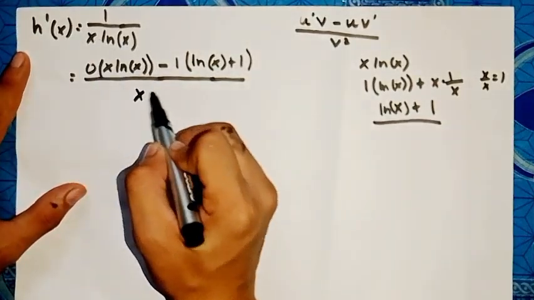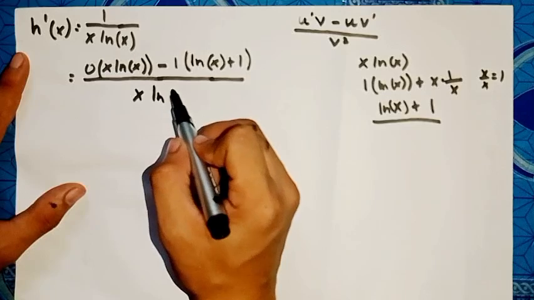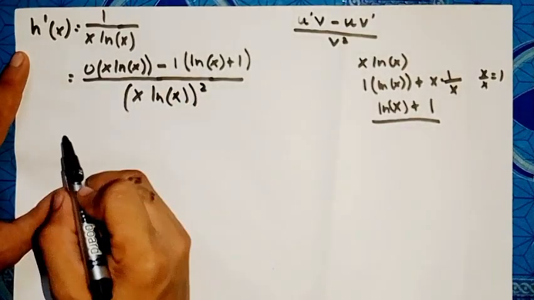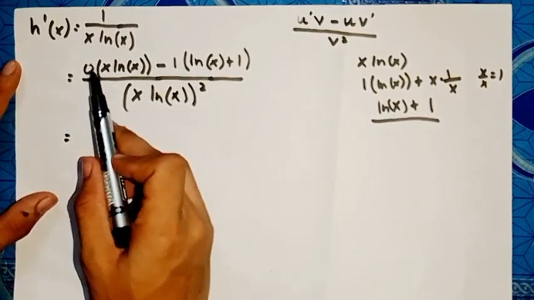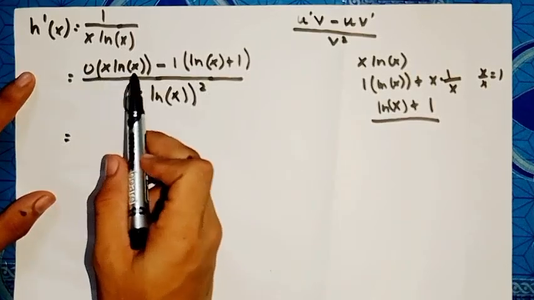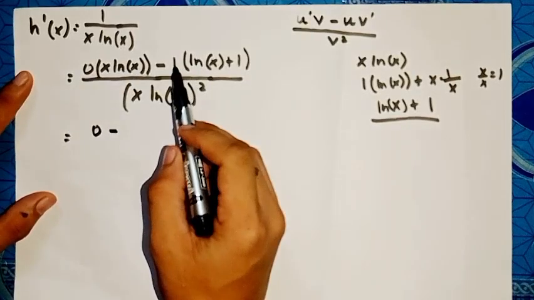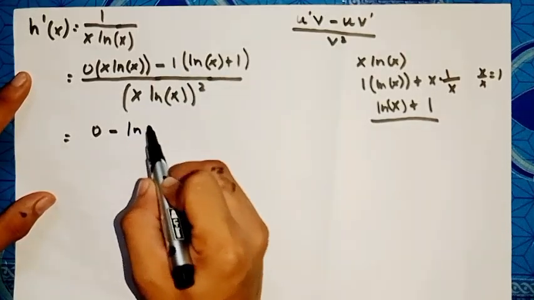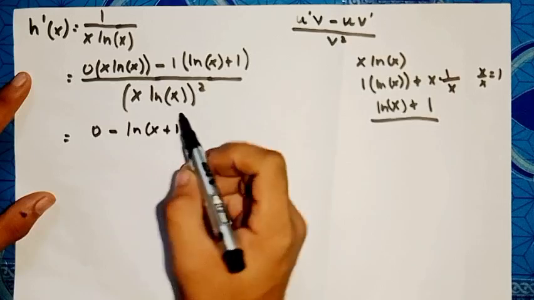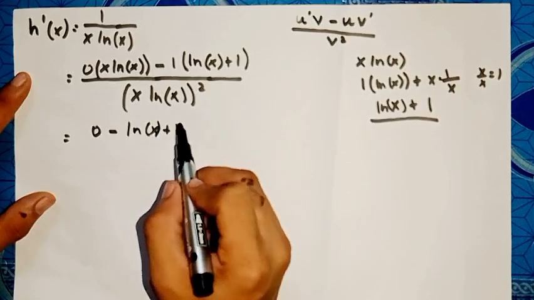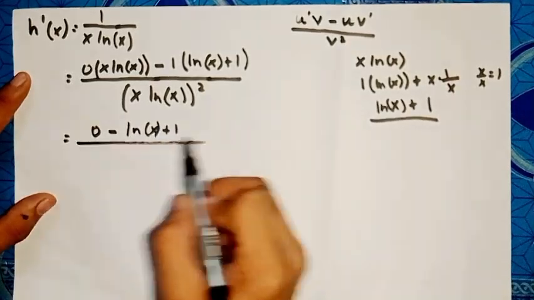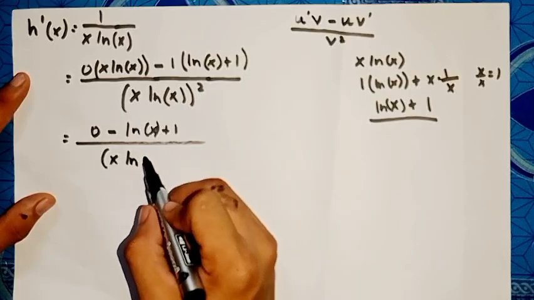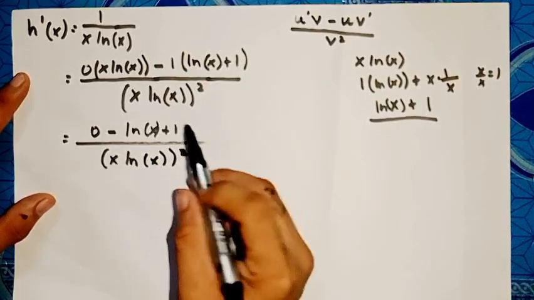Next, we have the denominator x ln x squared. So 0 times x ln x is 0, minus 1 times ln x plus 1, we have ln x plus 1 over x ln x squared.